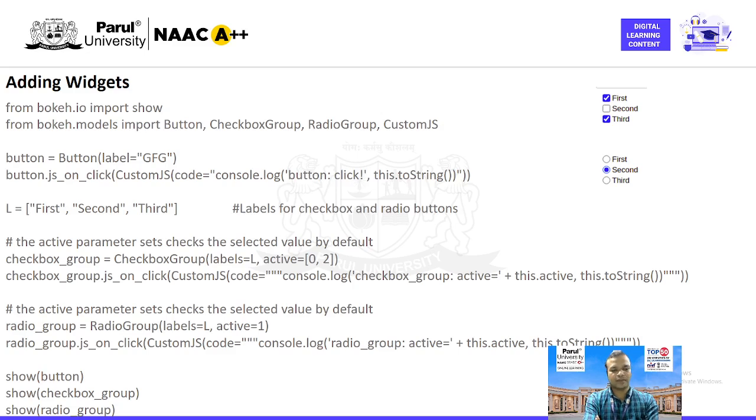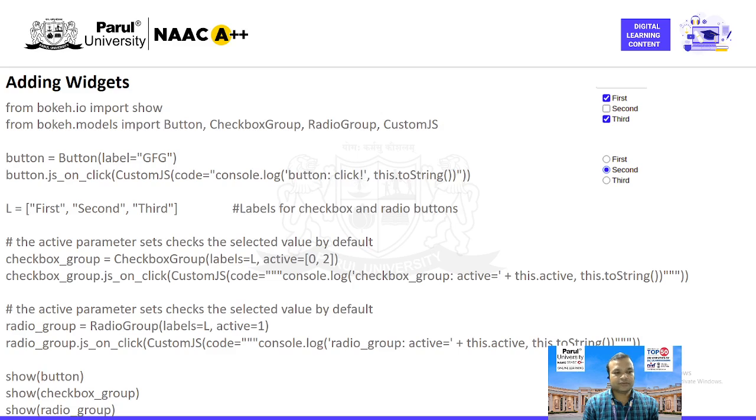You just give the CheckboxGroup, labels is equal to L, active 0 comma 2. checkbox_group.js_on_click, CustomJS code is equal to console.log, checkbox group active plus this.active, this two string. Similarly for radio group, active intercepts the selected value by default.